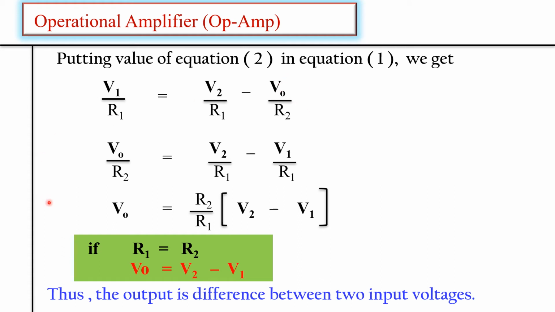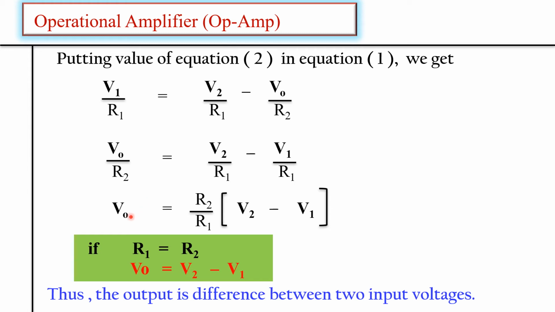So taking this on the left hand side and these two terms on the right hand side, what we get? Here it becomes plus V0 upon R2, V out upon R2 equals V2 upon R2, and we are taking this on the right hand side, so it's minus V1 upon R1, right?